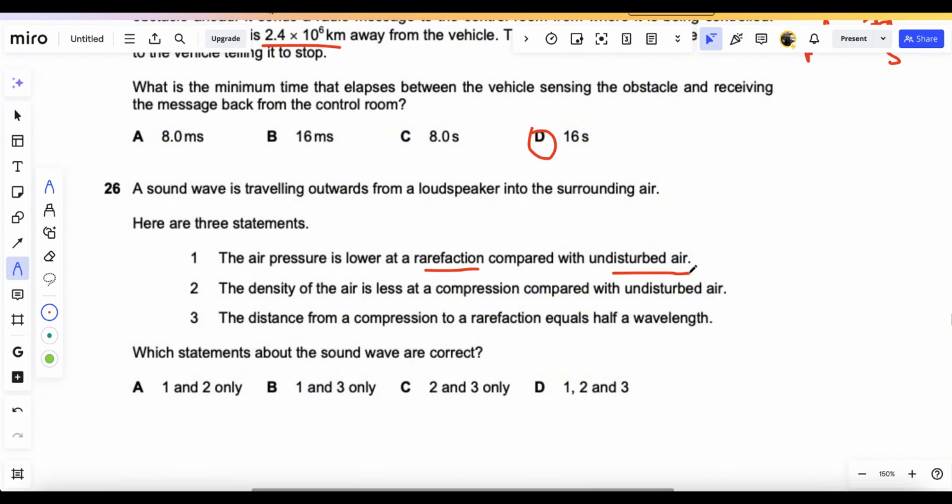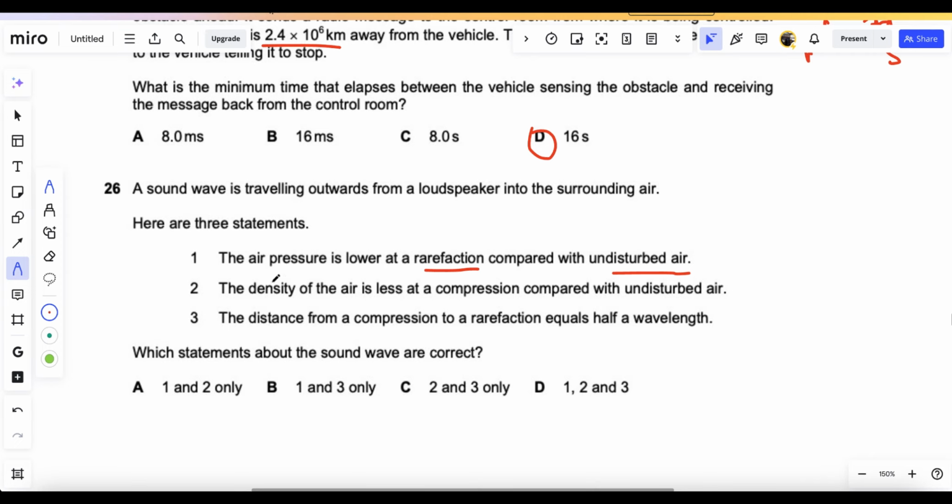You know we have compression, rarefaction. Now the density of the air is less at a compression compared to the undisturbed air. Then the distance from a compression to a rarefaction equals half the wavelength. Now, which statement about sound waves is correct?